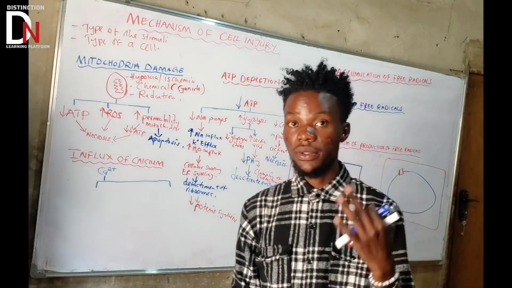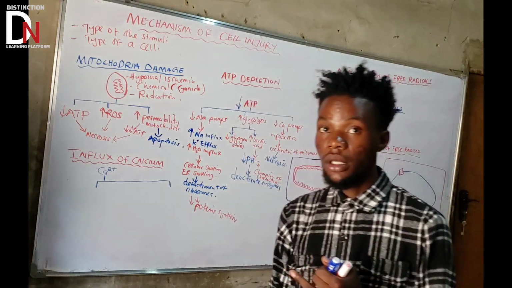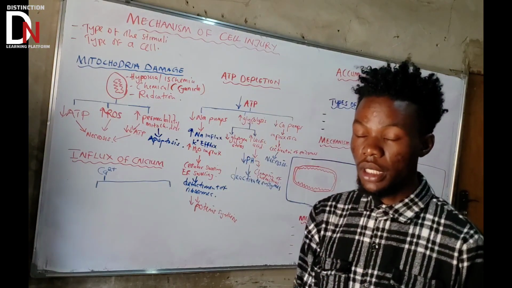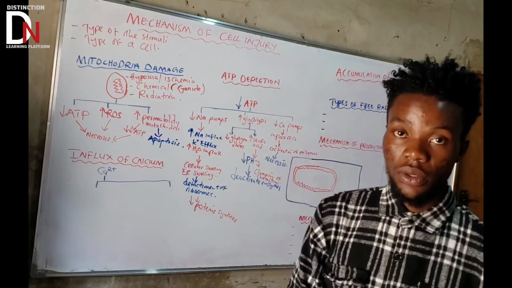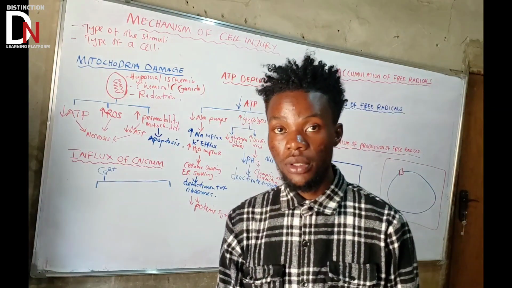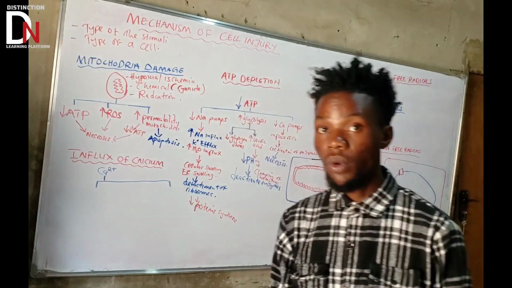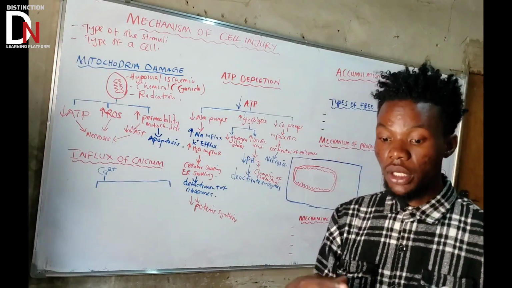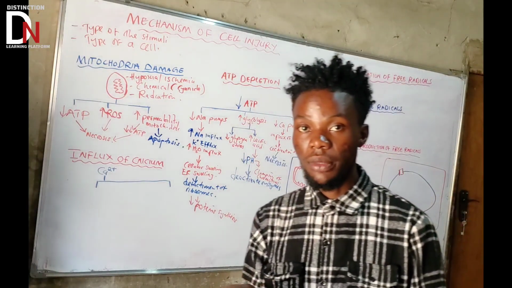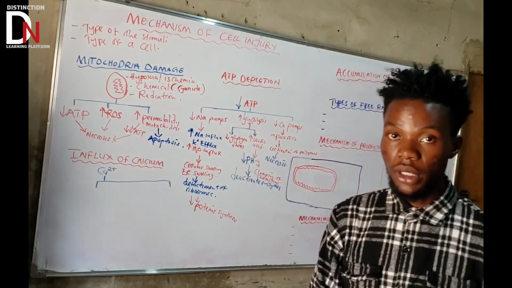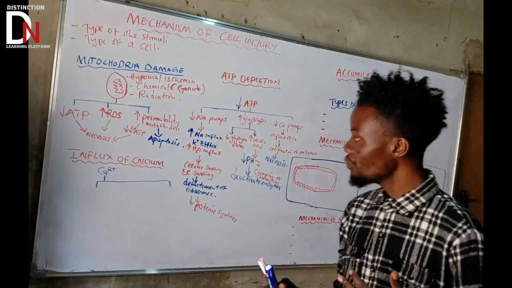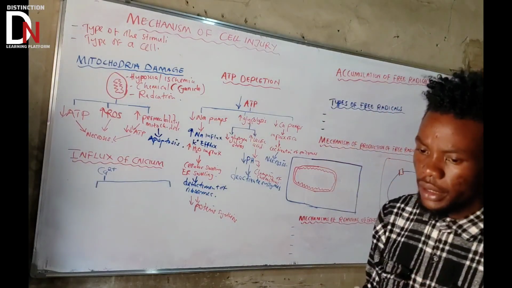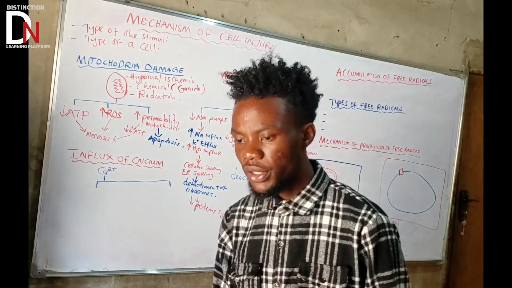There are three main sources: the extracellular space, the smooth endoplasmic reticulum, and the mitochondria, which can increase calcium levels due to the same causes we are talking about. If there is mitochondrial damage, or hypoxia, a lot of things can cause intracellular accumulation of calcium.